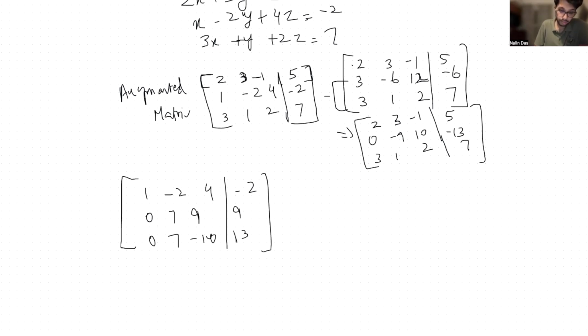So solving for x, y, z using back substitution, if you calculate, you'll find out that x is equal to 1, y is equal to 2, and z is equal to 1. This is going to be your final answer.